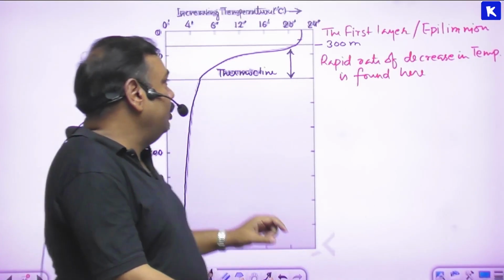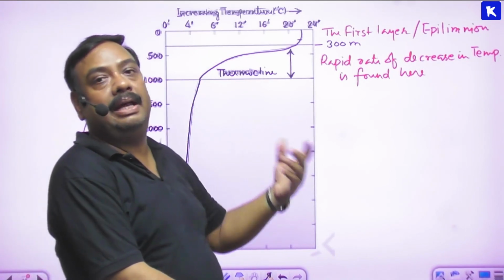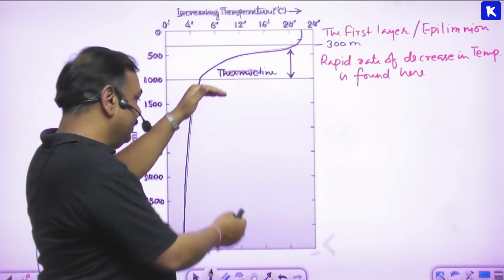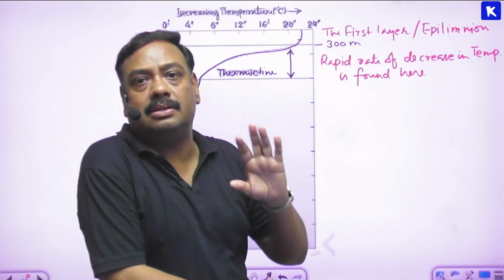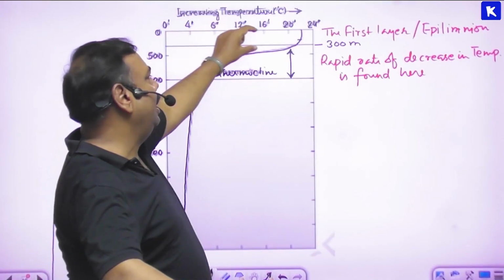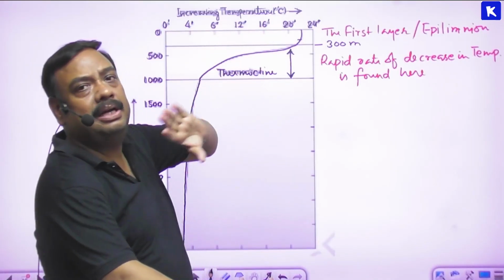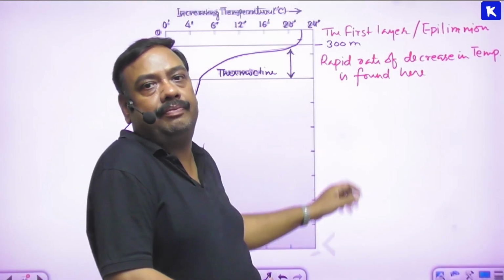But according to the depth of water, you can decide the rate of decrease in temperature. Since here the depth is more, obviously the rate becomes very less. And here the depth is only around 300 meters, so you can say the rate is a little more than that of this layer.